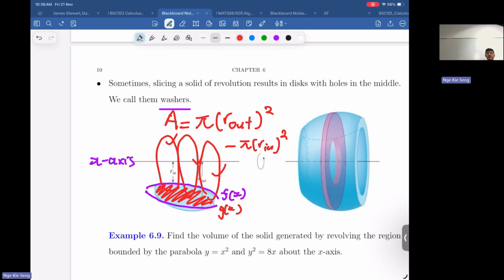Everyone happy with this? The area is the difference between these two areas. Correct, because this hole is the area given by pi r in squared. The outer one definitely includes the area inside, so if we want to remove the solid that's revolved by the inner radius, then we need to take it away.